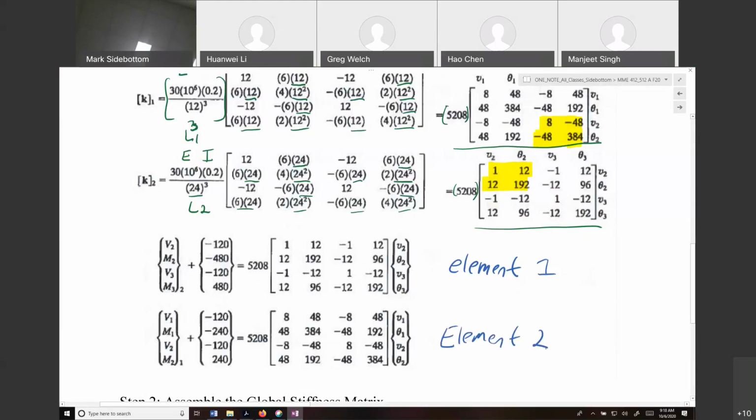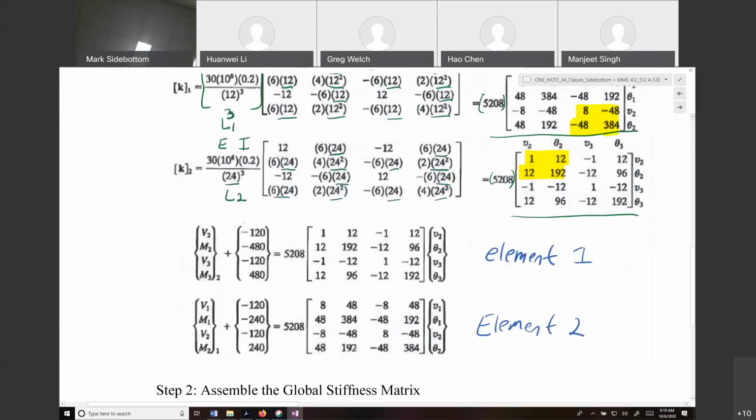The only thing that we had to add here is this term, which is equal to Q1 L1 over 2. I'm sorry, this is element 2, and this is element 1.